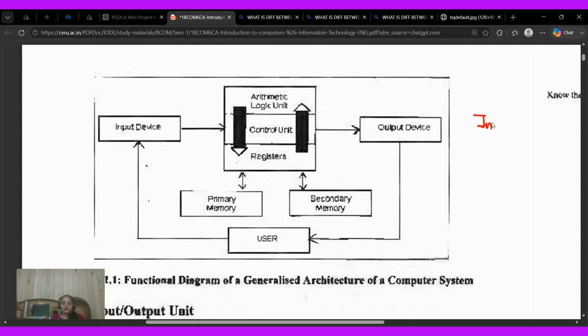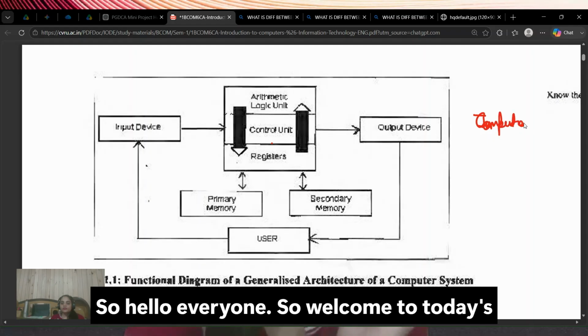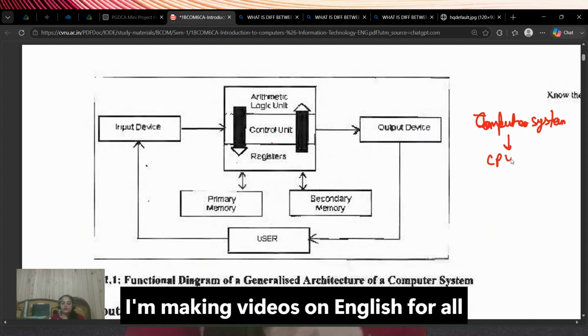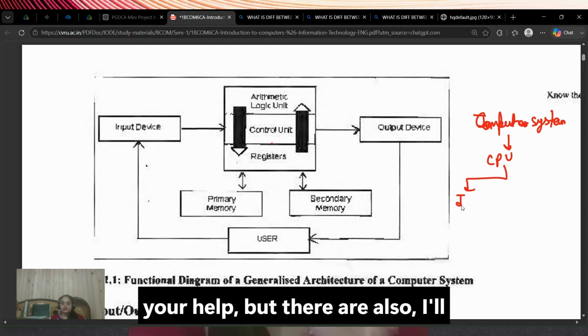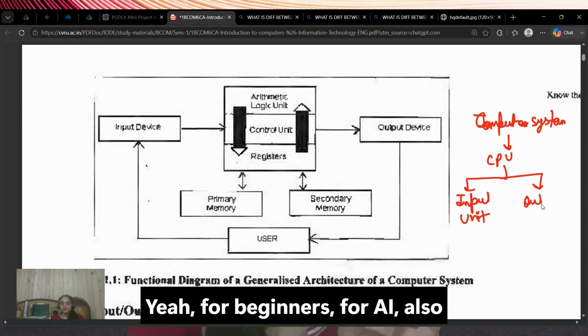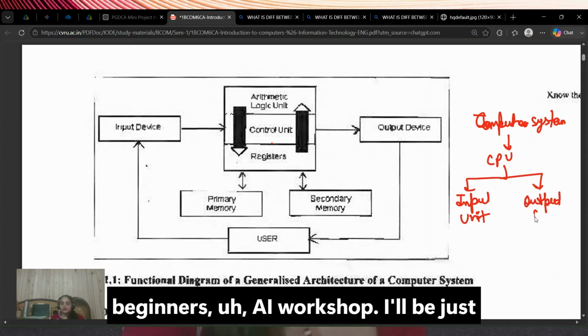okay. Or let me start with computer system. Computer So system, hello everyone. So welcome to today's video. okay. Already there is one Then video. Already I'm making CPU, videos on English okay. for your help. But Input there also I'll be making videos on unit computer basics. and the Yeah, output beginners. unit, For AI also beginners. AI okay. workshop.